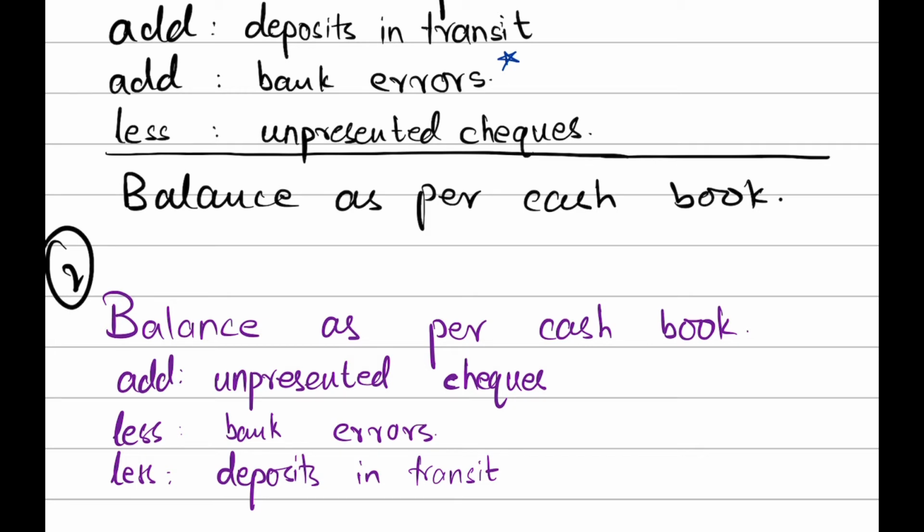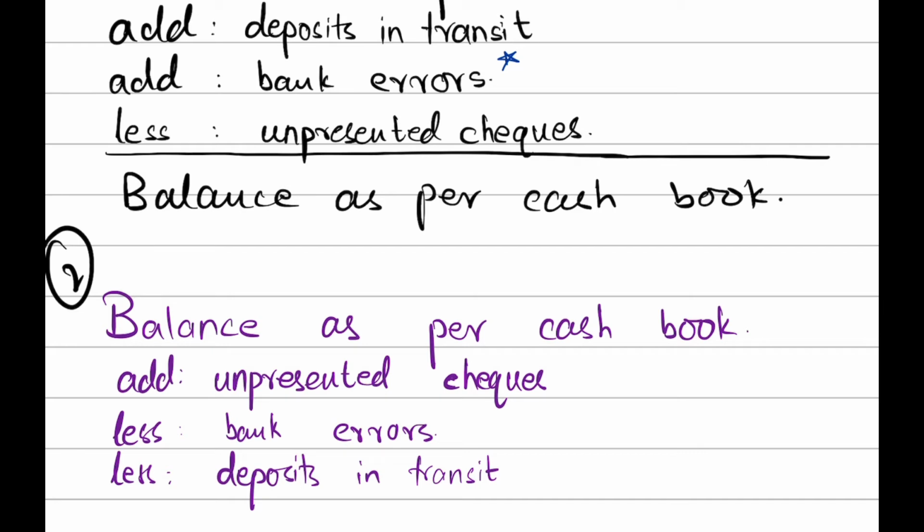Okay, so this means the bank statement balance is going to be higher than the cash book. So since we are trying to match the cash book balance to the bank balance, we're going to add that unpresented check. Okay, and I'll come to the bank error later for this as well.